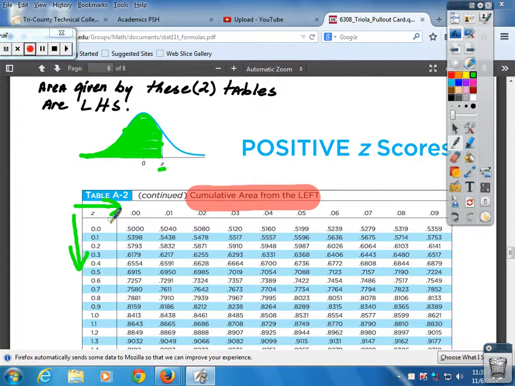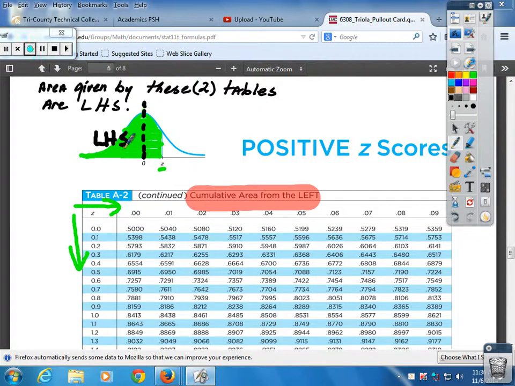Now there's two sides. There is a right side and a left side. Now I'm not talking about cumulative. I'm talking about the two sides of a normal distribution. Oh, I'm sorry.